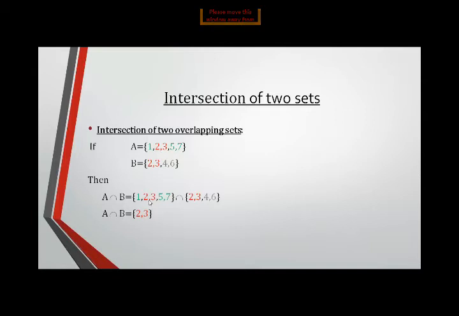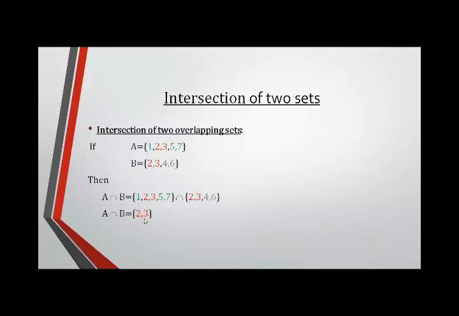So how do we find the intersection between the sets? We write A intersection B, and we write here set A, which is 1, 2, 3, 5 and 7. Here we put an intersection sign and we write set B, which is 2, 3, 4 and 6.